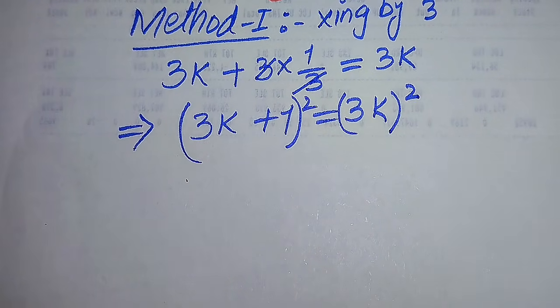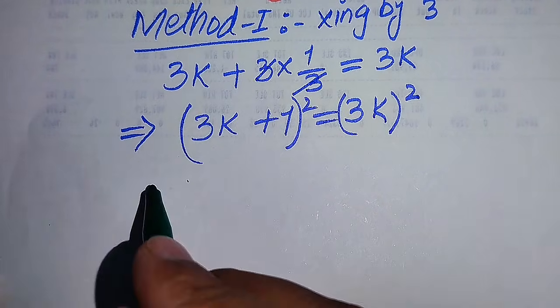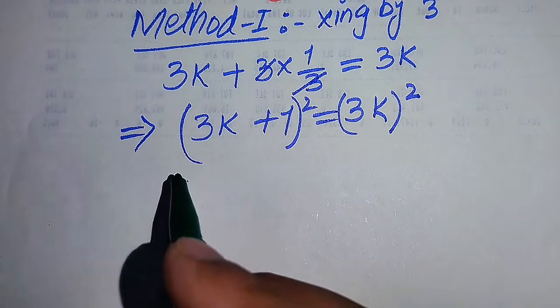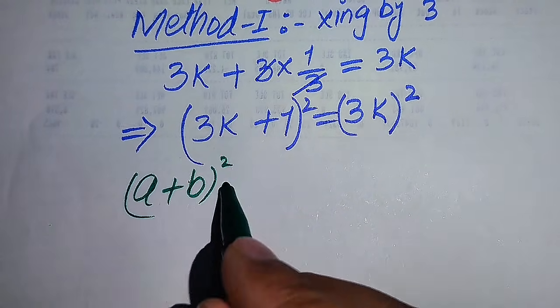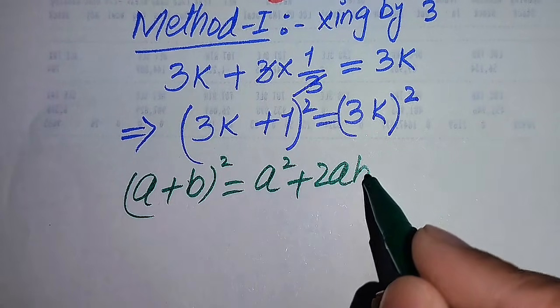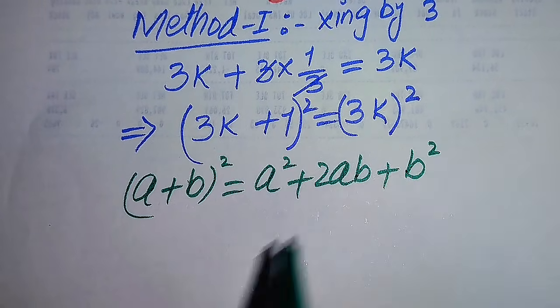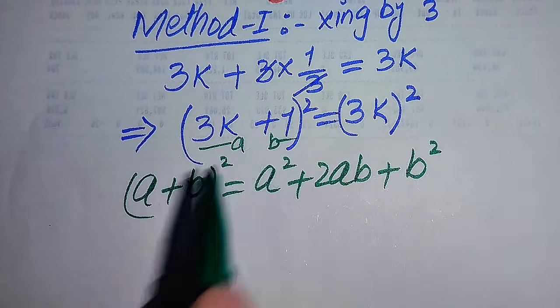Now in the next step we can apply the nice algebraic formula to the left hand side, and you know about that. If we have a plus b whole square, it is equal to a square plus 2ab plus b square, and this is our a and this value is our b.